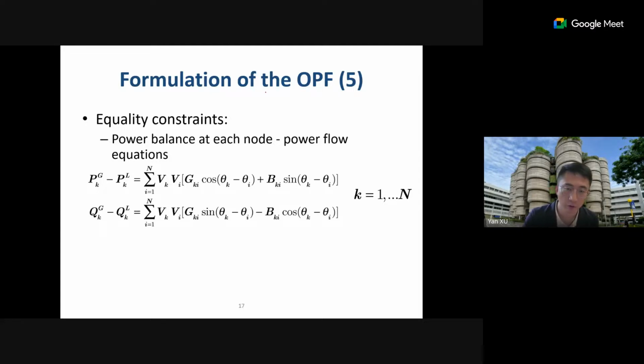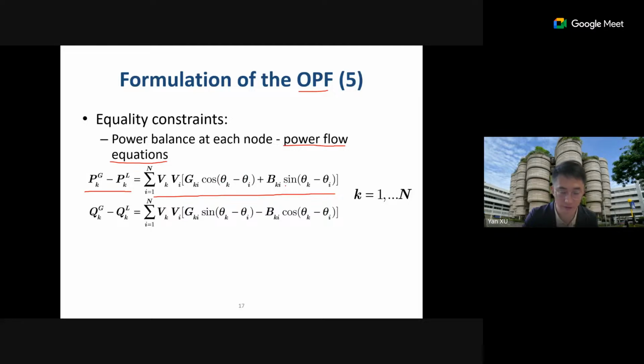Remember, for OPF we have to model the power flow equations of the network. This is the power flow of the power grid. For each bus, for example bus K, this is the total power balance. It equals this formula: the bus power injection equals the voltage times the conductance and the cosine and sine of the angle difference.